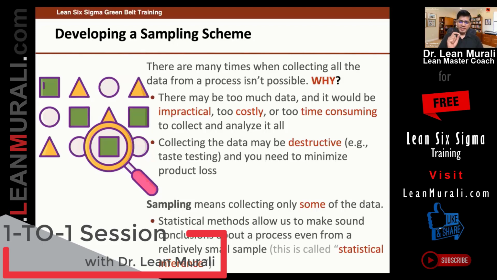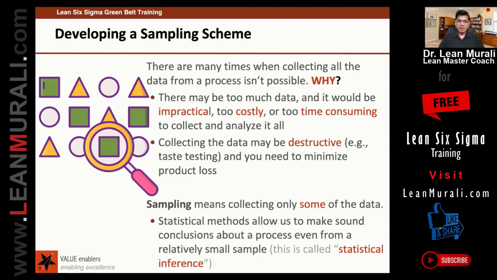But the most important thing to note here is, since we cannot collect all the data, we need to collect a small portion of data and talk about the bigger population. I'm introducing the word population. It's not extrapolation, it's an inference and conclusion.